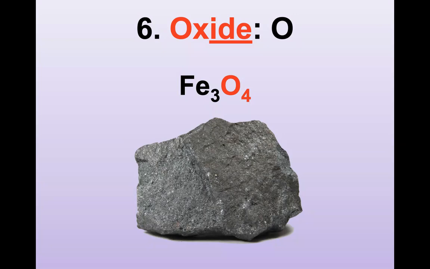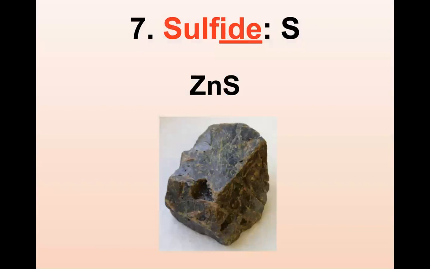The next one, a metal and sulfur is a sulfide. And so with this one, if there's a metal and then an element, then it's going to be a piece of that element's name with an ide at the end.